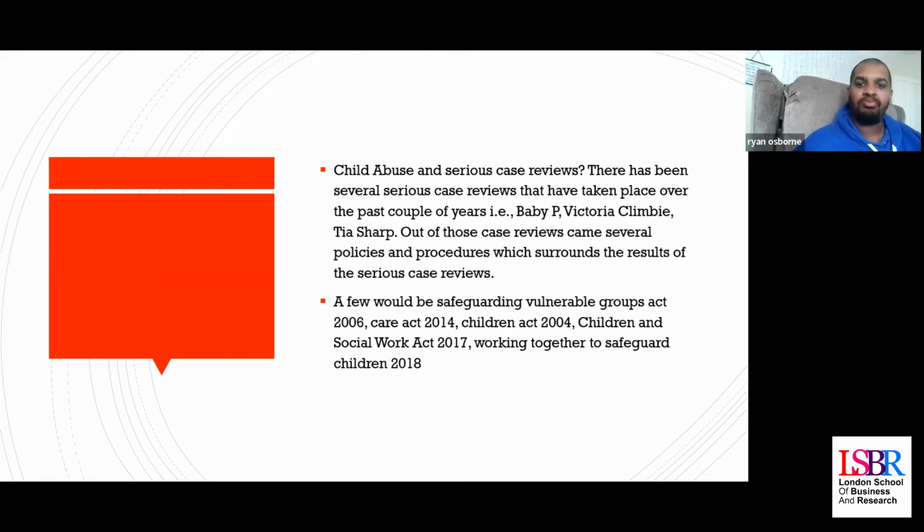Who are you going to bring in? Are they going to work together to safeguard children? Then you look at the history, DBS. Are they someone who has had previous run-ins with social services before?